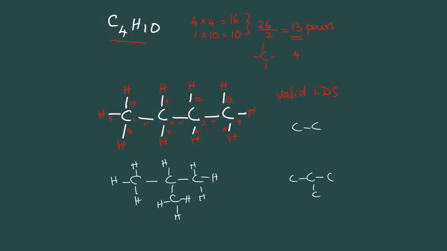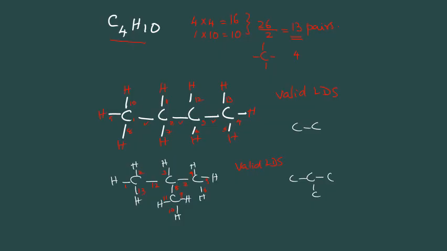And 13 pairs are there. Let's see, 1, 2, 3, 4, 5, 6, 7, 8, 9, 10, 11, 12, 13 pairs are there. So this is also a valid Lewis dot structure.